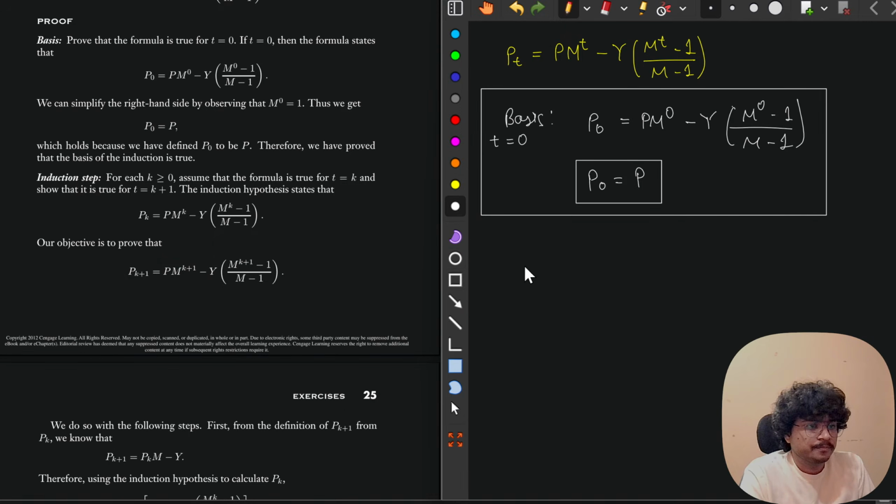Then we have the induction step. For K greater than 0, assume that the formula is true for T equals K and show that it is true for T equals K plus 1.